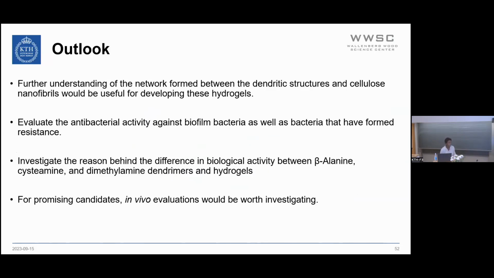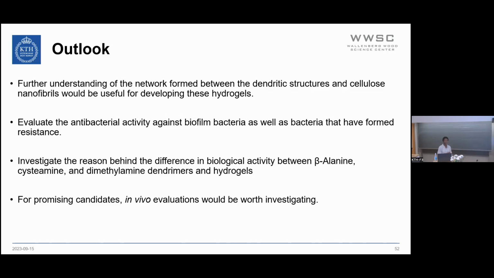But there's always more to do, and it would be interesting to further understand the structure between the cellulose nanofibrils and the dendritic polymers. Yes, we know, or we suspect, that it is electrostatic interactions, but is there something else happening here? It would be very interesting to find out. We also want to know: we've evaluated planktonic bacteria, but can we also evaluate biofilm?